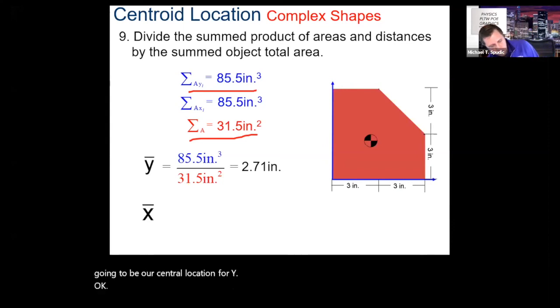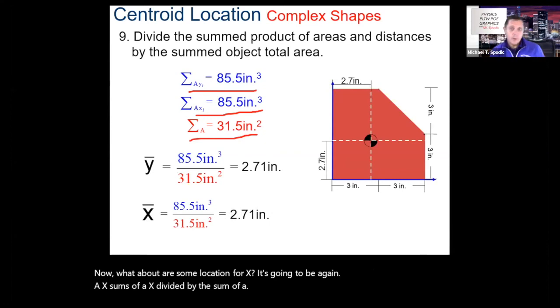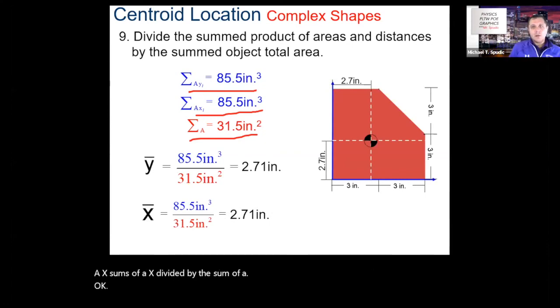Now, what about our location for X? It's going to be, again, sums of AX divided by the sum of A. Okay? So that is the location for the centroid.